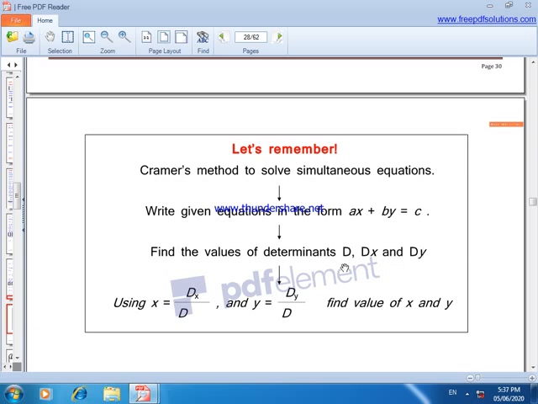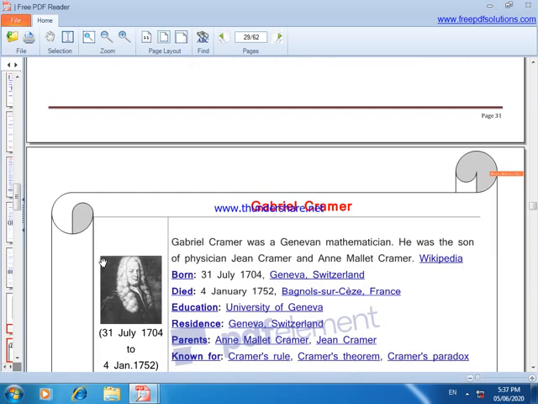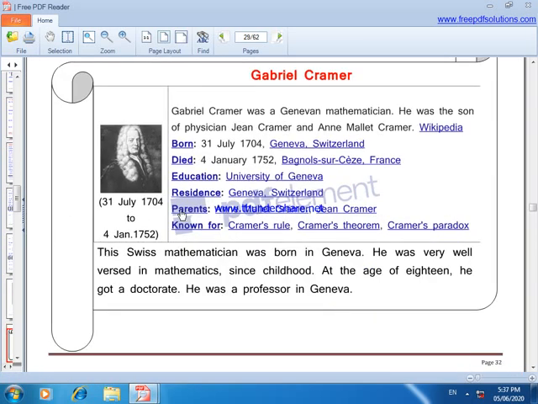Just cross multiply and subtract them. So find the values of d, dx and dy. Then using the formula x is equal to dx upon d and y is equal to dy upon d, we will find the values of x and y. So this is also the information related to the great mathematician Cramer, which is given in our book also.